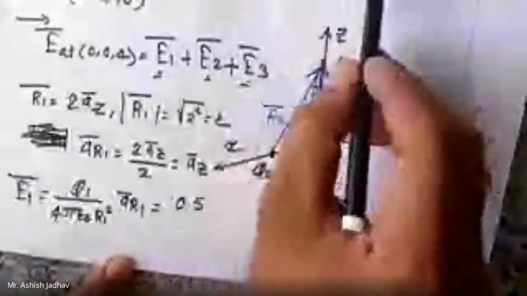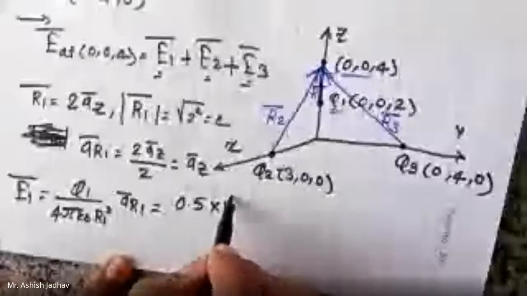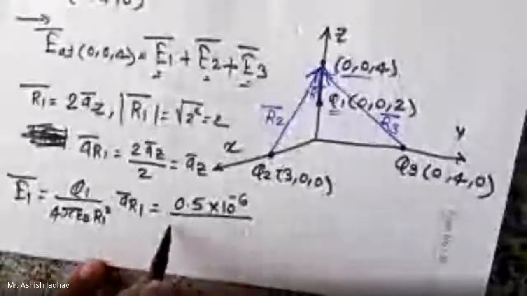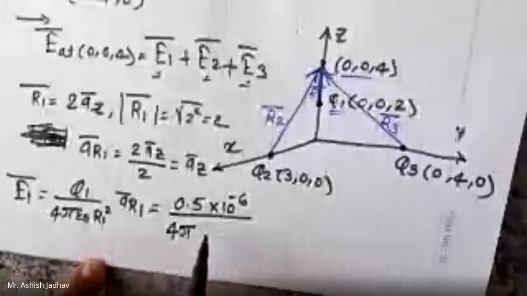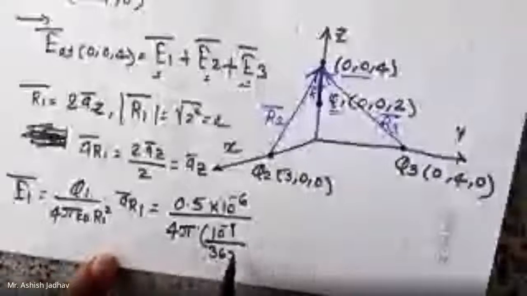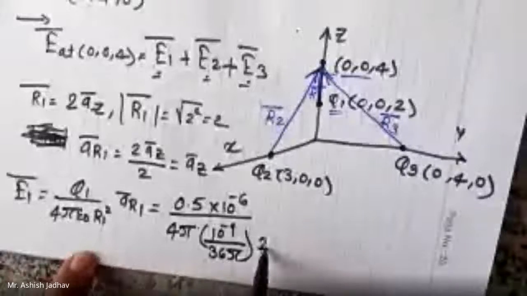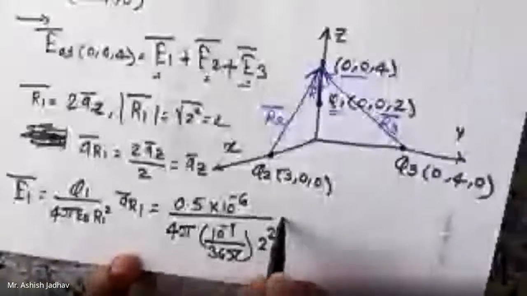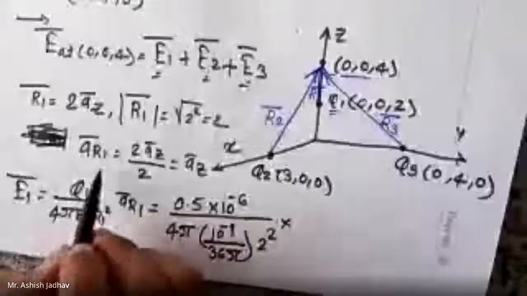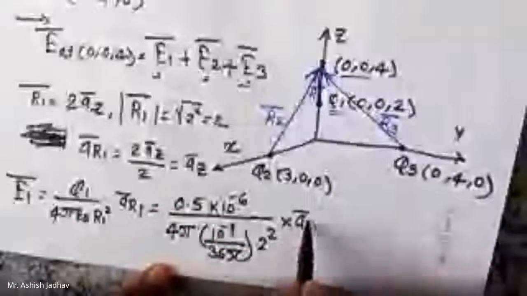Value of Q1 is 0.5 into 10 raised to -6 because this is microcoulomb, divided by 4 pi epsilon naught. Epsilon naught is 10 raised to -9 upon 36 pi. R1 square is 2 square multiplied by unit vector a bar R1. A bar R1 is a bar z, right? So this is a bar z.